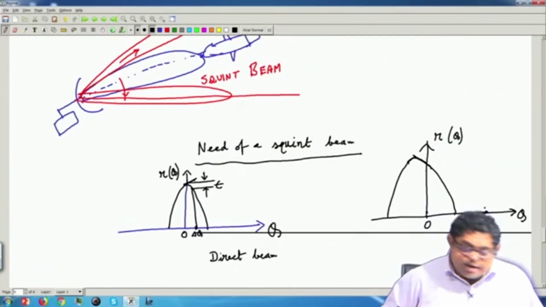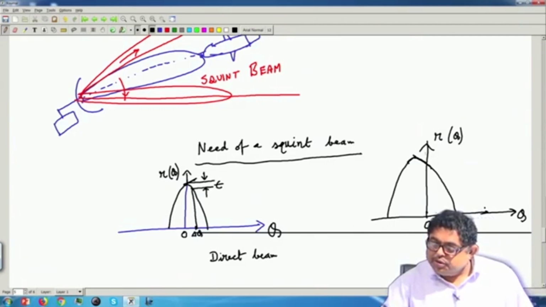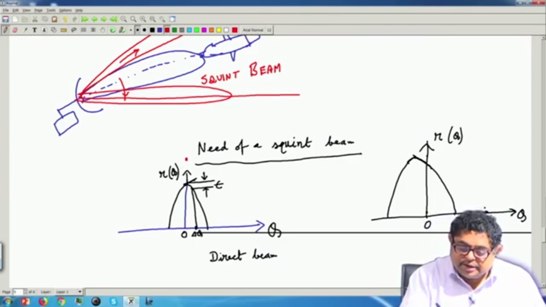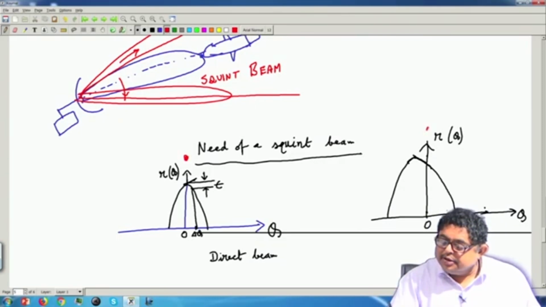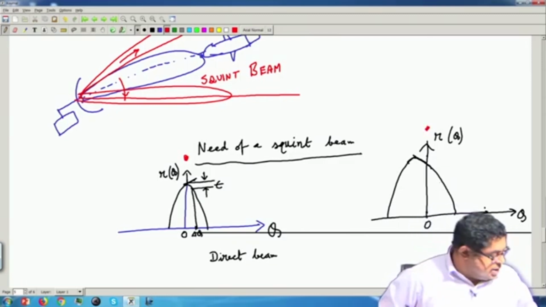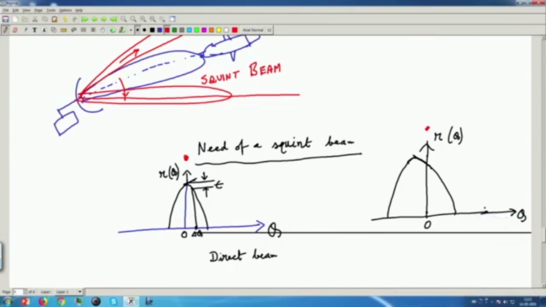You see here I can say that suppose the object is on the axis as before. So, let us say that there is a target, here also there is a target. Now, instead of looking here, I am looking here. This is an example of a squint beam.